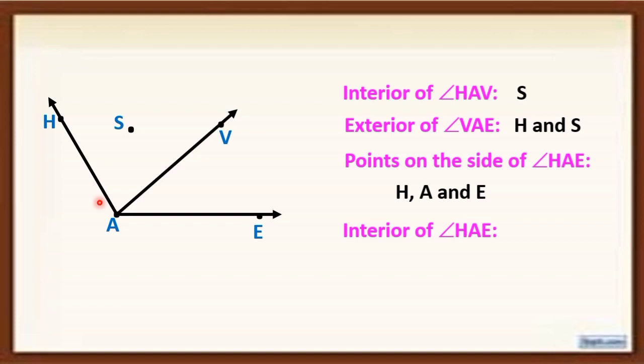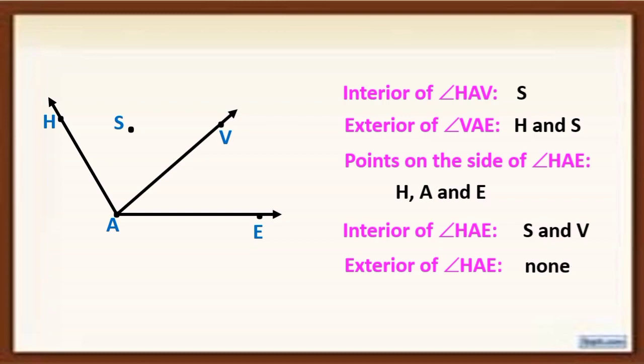So, when we say interior, ano daw yung mga points na makikita mo sa interior ng angle HAE? So, the answer is S and V. Okay? Now, how about the exterior of angle HAE? So, meron ka bang points na nakikita dito sa exterior ng angle HAE? So, none. So, the answer is none.